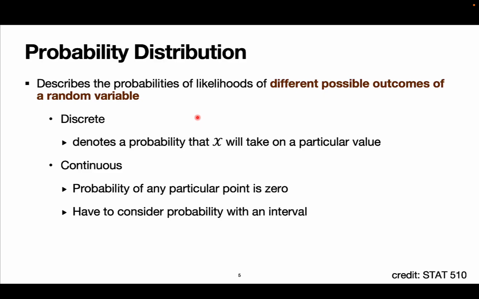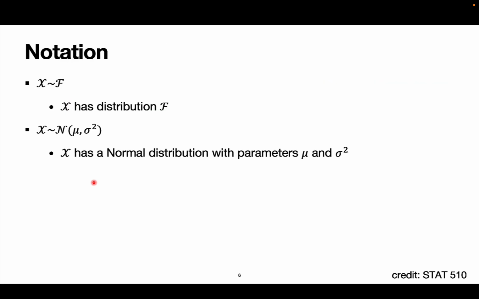There are 2 cases for probability distributions: the discrete case, where there is a probability that we can compute for each value, and the continuous case, where the probability needs to be computed over intervals. Some notations we use with probability distributions: X has the distribution F, and X has a normal distribution with parameters mu and sigma squared.